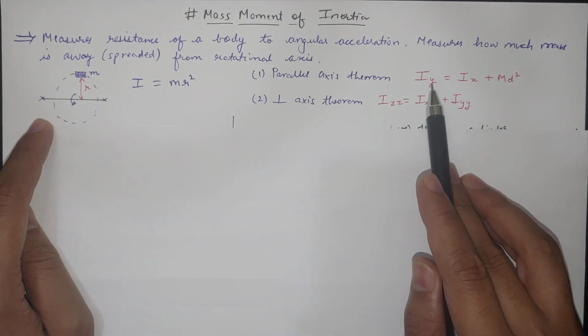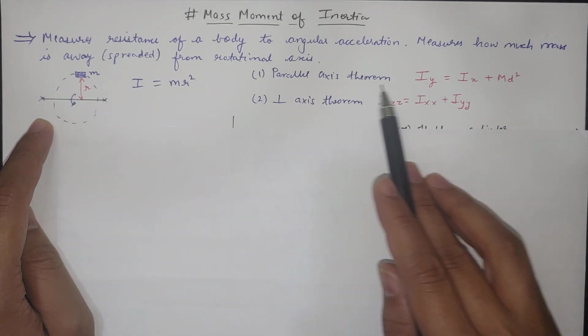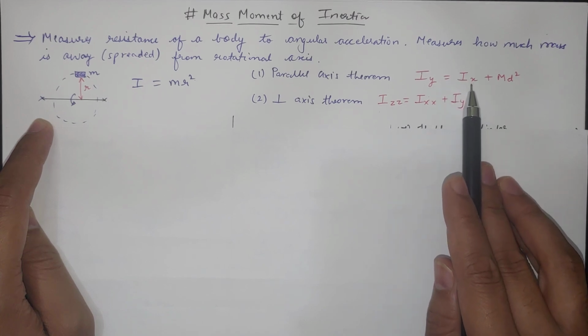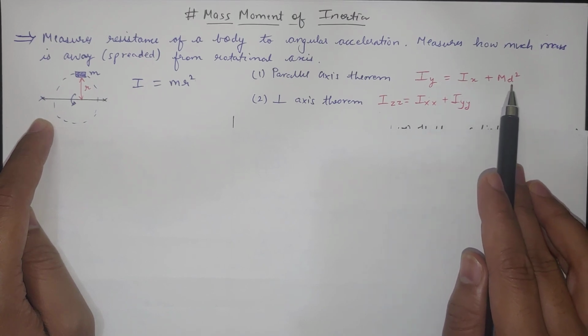This is how you can calculate inertia for any other axis if one axis is known and the distance between the two axes is known.